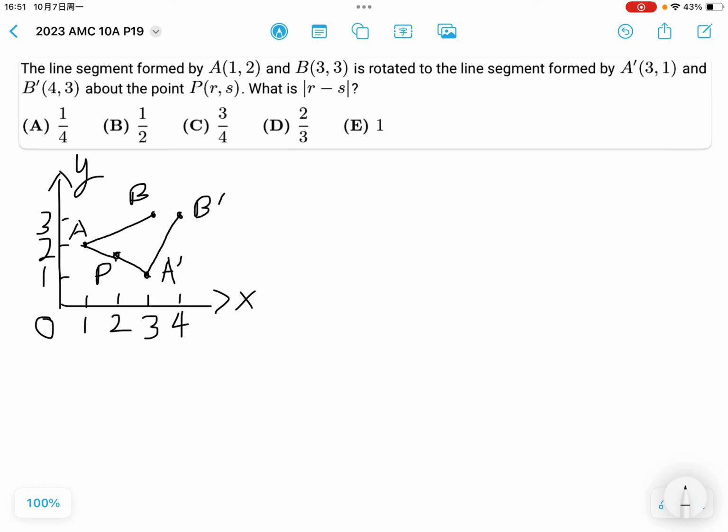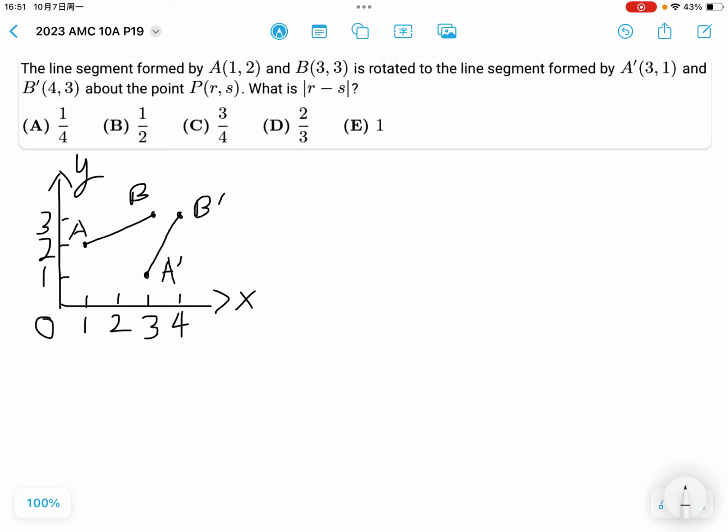So the corresponding points on the 2 line segments have to be equidistant from the point of rotation. So this means that BP has to be equal to B prime P also. So we need to find such a point. So how do we find a point that makes both BP equal to B prime P and AP equal to A prime P? Well, we need to use our geometry properties.